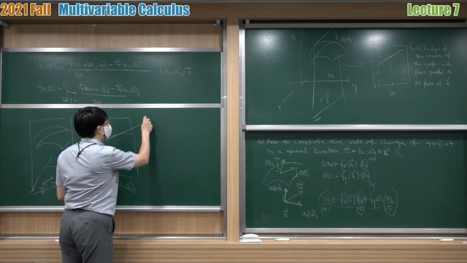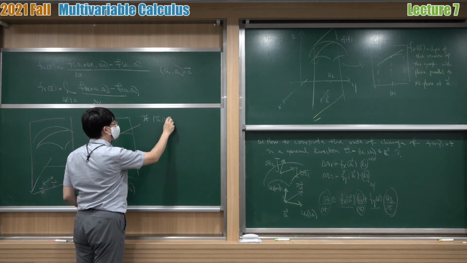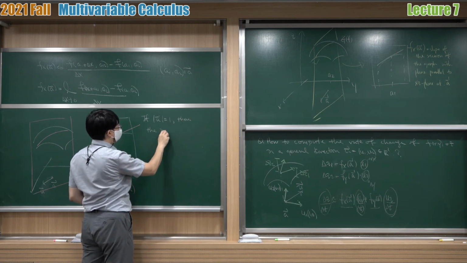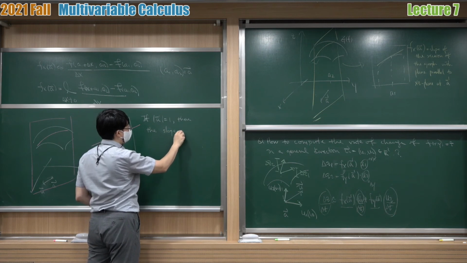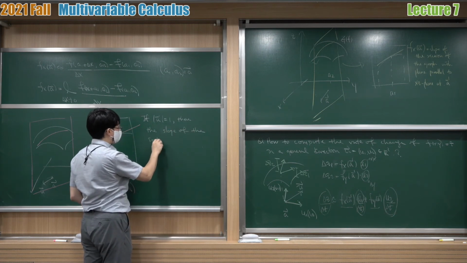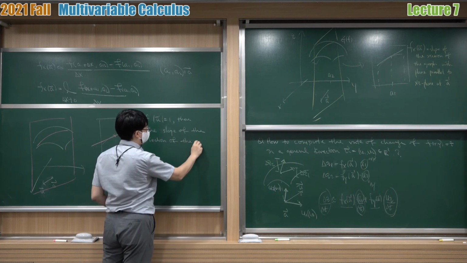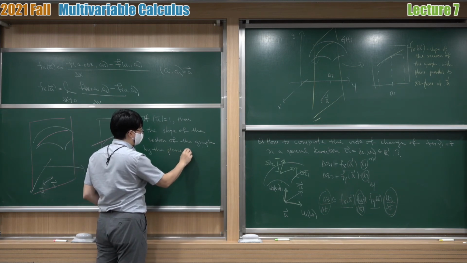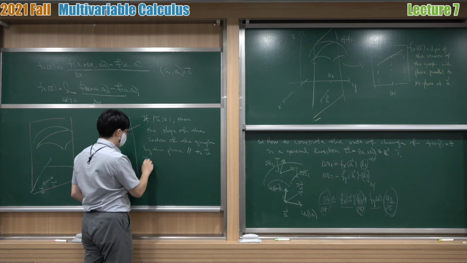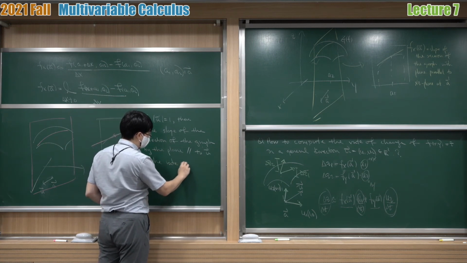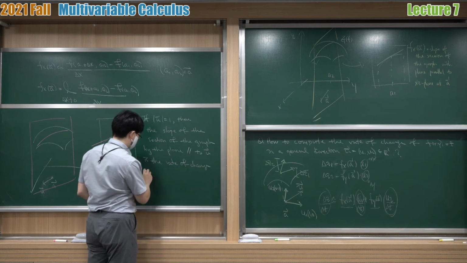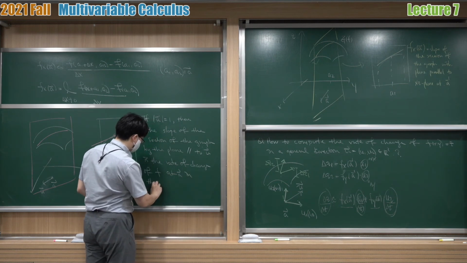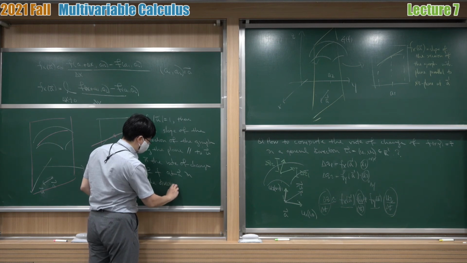By the way, if u is a unit vector, the norm is 1, then the slope of the section of the graph by the plane parallel to u is the rate of change of the function at a in the direction of u.